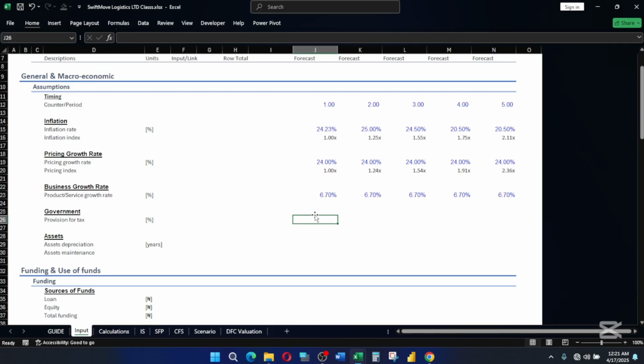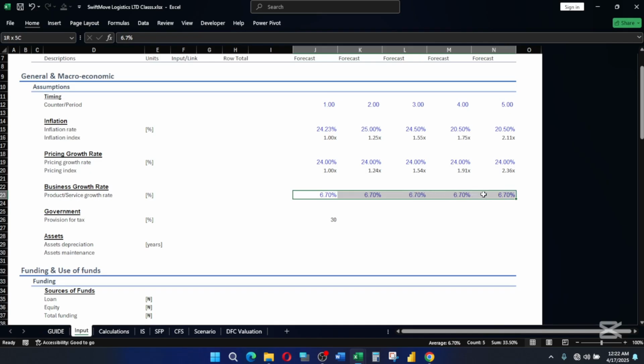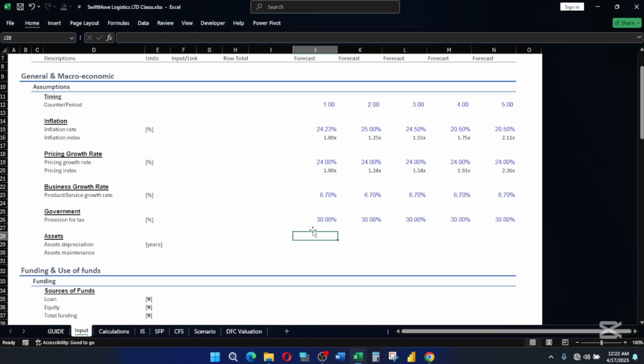Some modelers decide to make it higher. In Nigeria, our corporate tax, that is company income tax, is 30%, a flat rate. Just copy this. This is our tax. It is simple: you know the tax rate in your country, in your state, wherever you're watching from.